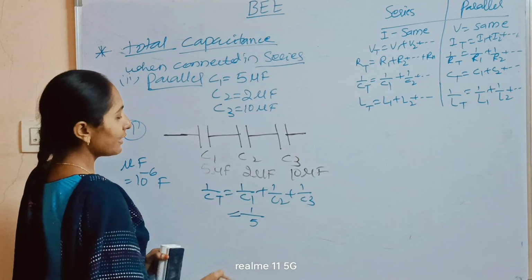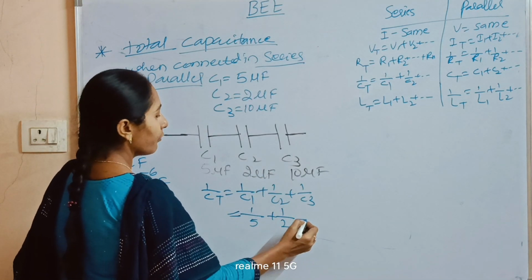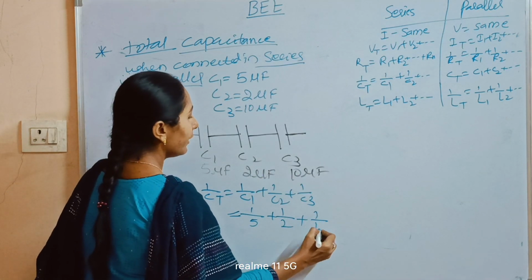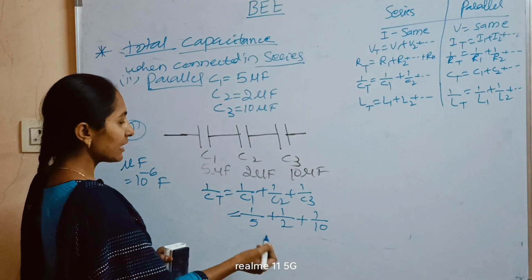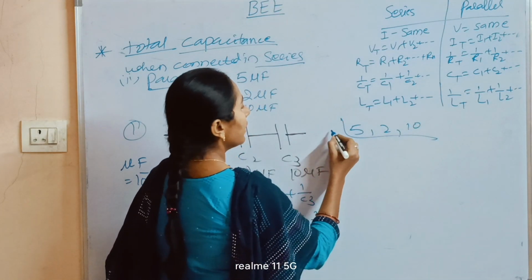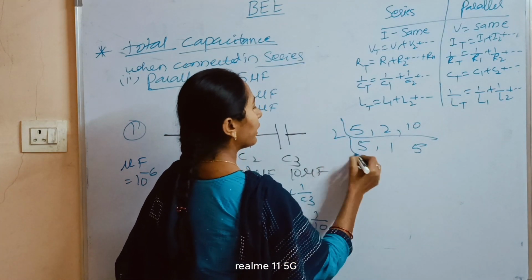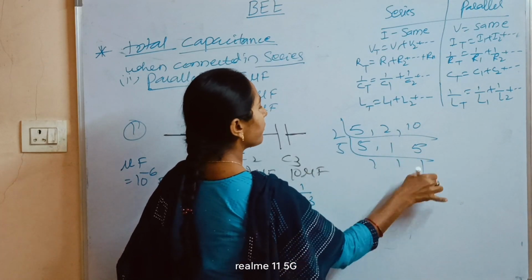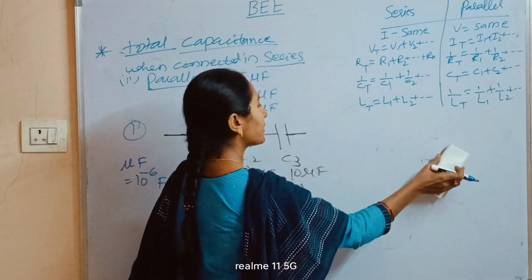So 1 by C1 is 5 plus 1 by C2 is 2, and 1 by C3 is 1 by 10. Let us do the LCM for that. What is the LCM of 5, 2 and 10? It is 10.